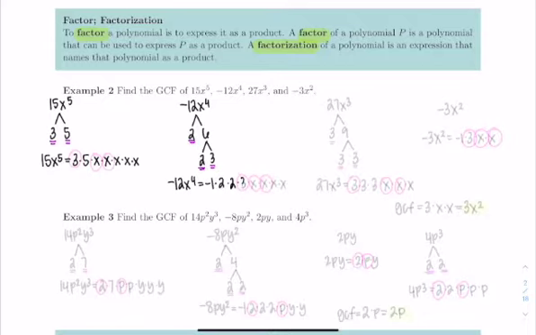And then we have 4 x's. Let's look at 27x cubed. 27 is 3 and 9. And then 9 can be broken down into 3 and 3.